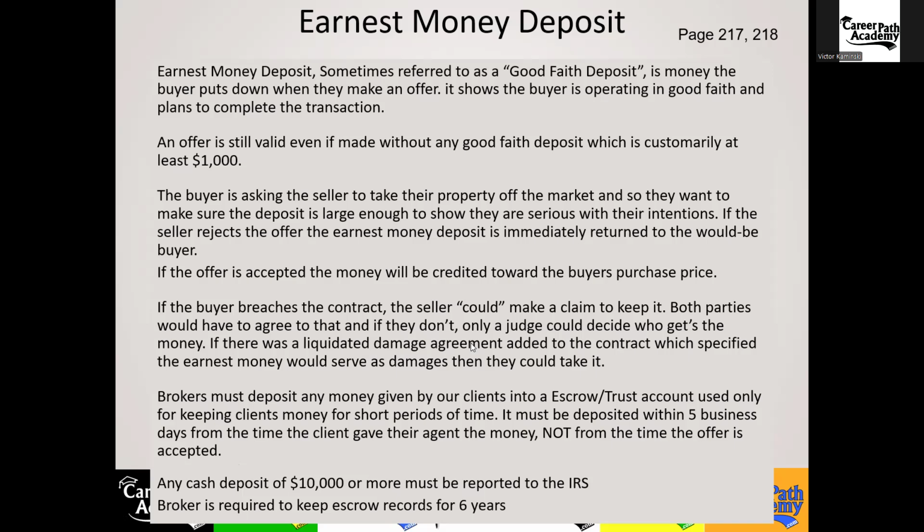Any cash deposit of $10,000 or more, we need to report it to the IRS. And a broker is required to keep those escrow records, with all the bank deposits and deposit slips, etc., and escrow books, records for 6 years.